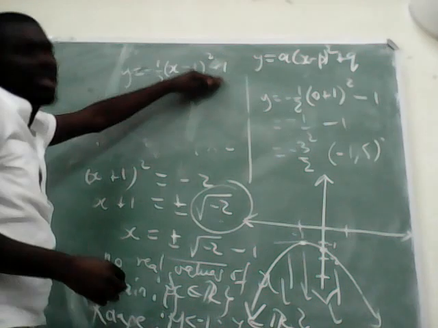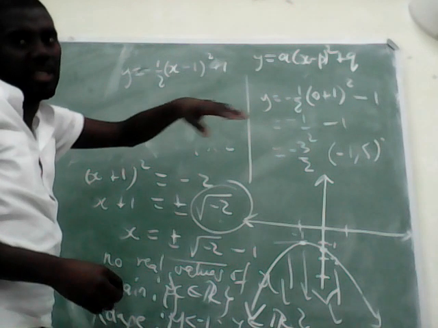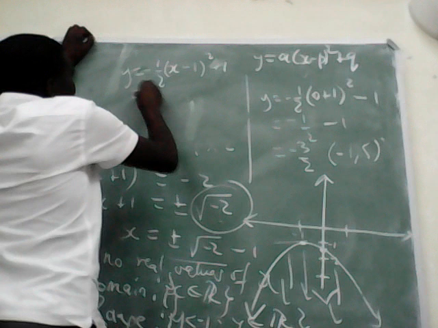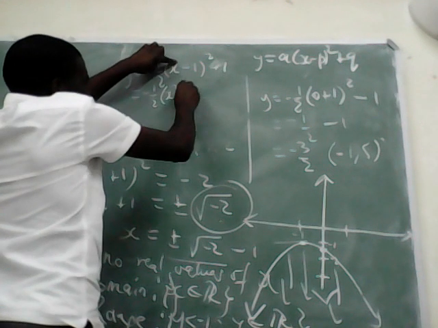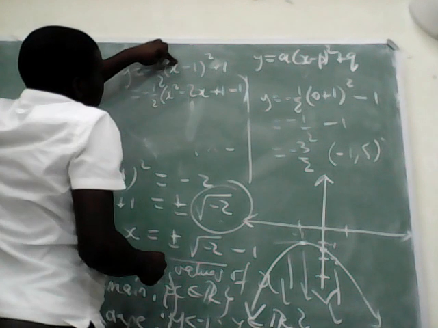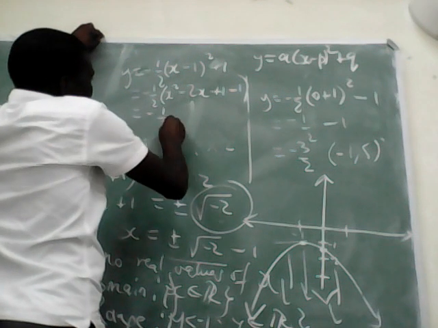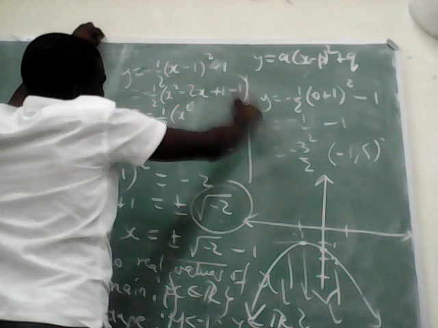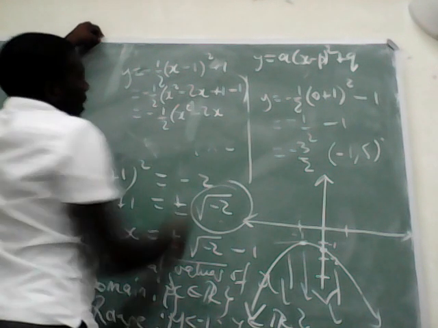I just want to put this in the form ax squared plus bx plus c, the form we are used to. It would be minus half, so this bracket would be x squared minus 2x plus 1, minus 1. Which is actually minus half x squared, this is minus 1, this minus 1. I just put it down. Minus 2x and 0.